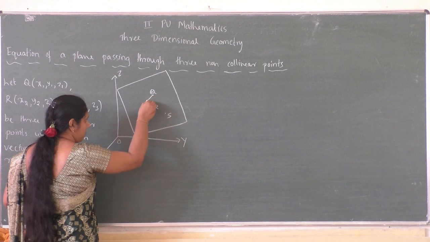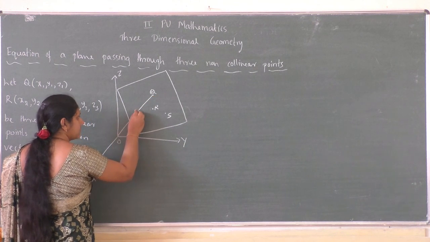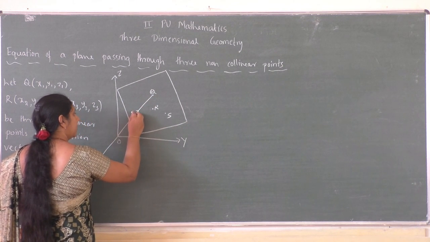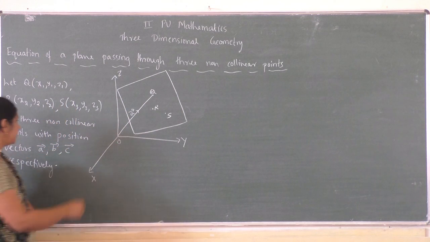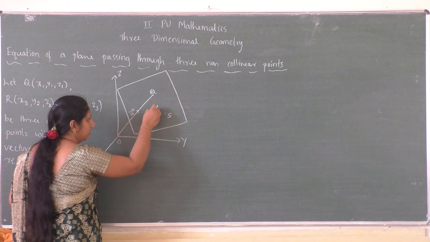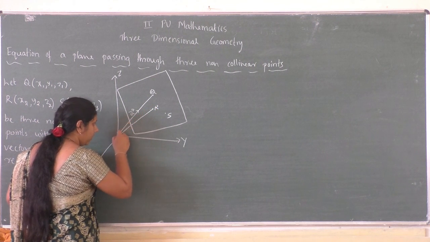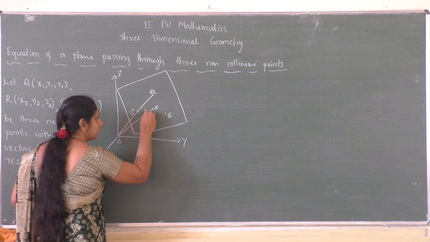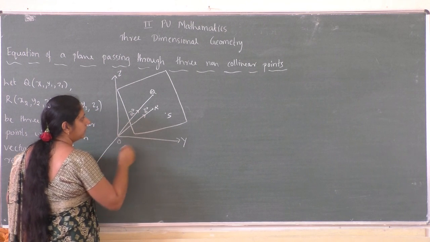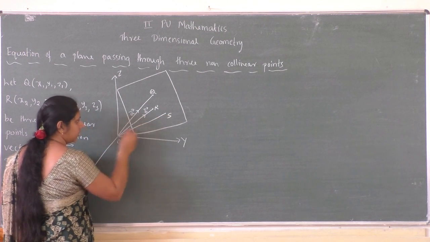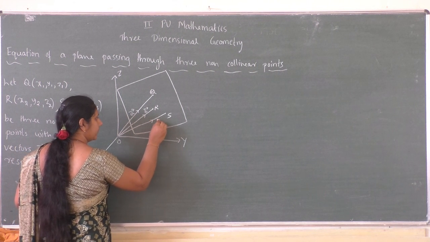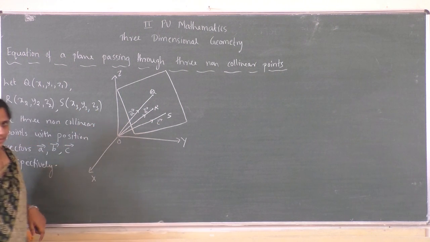So this is the vector OQ, which is A vector. Next, the position vector of R is vector B and the position vector of S is vector C.